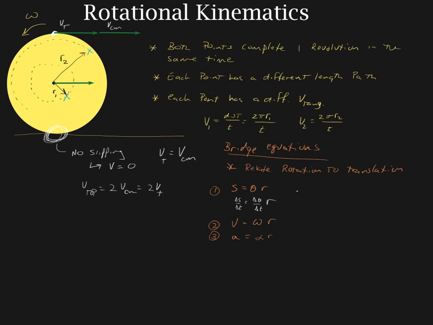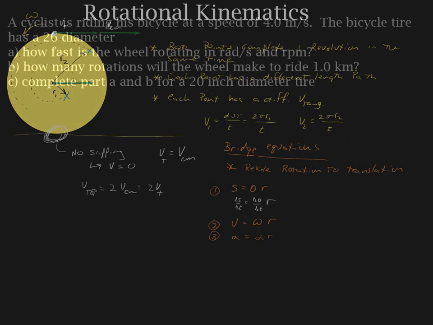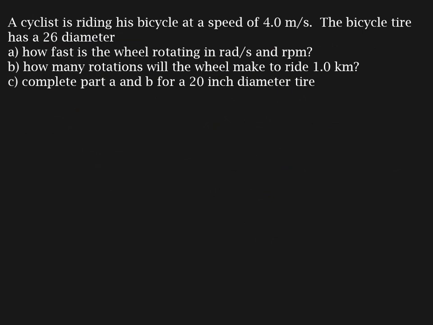And so we've got to be able to relate the rotational piece of it with the fact that we can see that it's translating through space. So let's go ahead and take a look at an example of using the bridge equations. Okay, so go ahead and read the question and give it a try, and then we'll come back and we'll do it together.